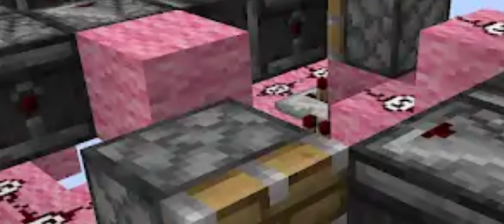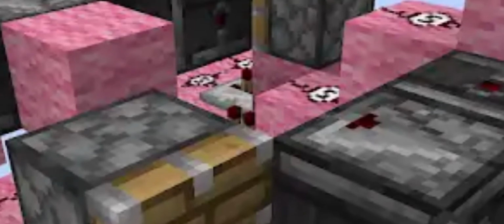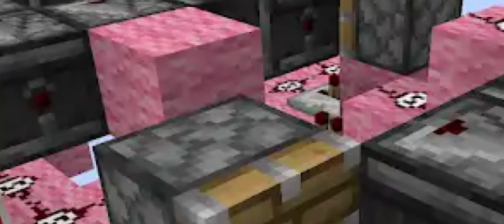Is that 3 ticks? That's a 2-tick delay. Does it take 2 ticks for redstone for a piston to fully push? That is clearly 1 tick.